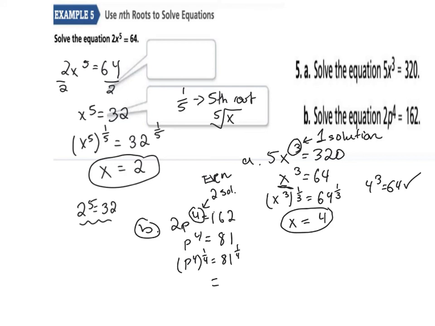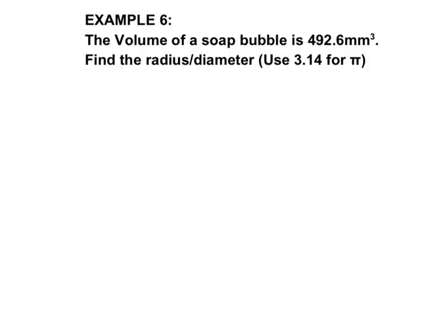So for p, we get plus or minus 3, because 3 to the 4th power is 81, and negative 3 to the 4th power is also 81. That's why we have two solutions. And I know this is long notes, that's why I'm giving you multiple days to go through this.